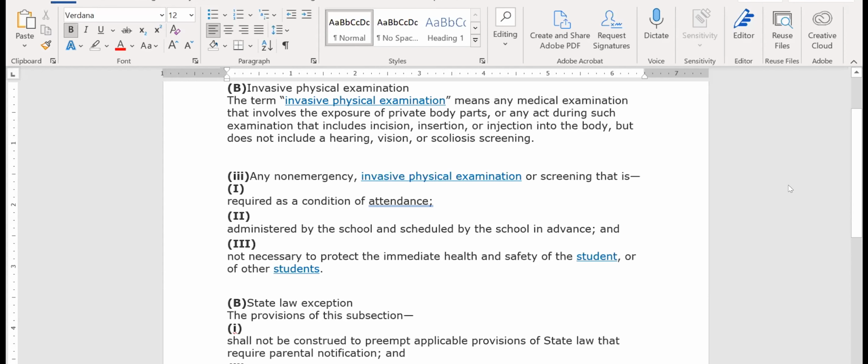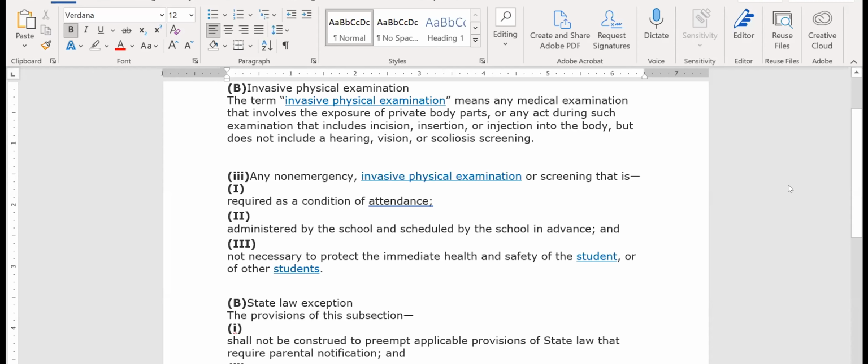Okay, so the big ones, hearing, vision, scoliosis, are always excepted. It has to involve exposure, incision, insertion, or injection. Next requirement, it has to be non-emergency. Someone mentioned COVID vaccinations, and that's kind of hard to say.